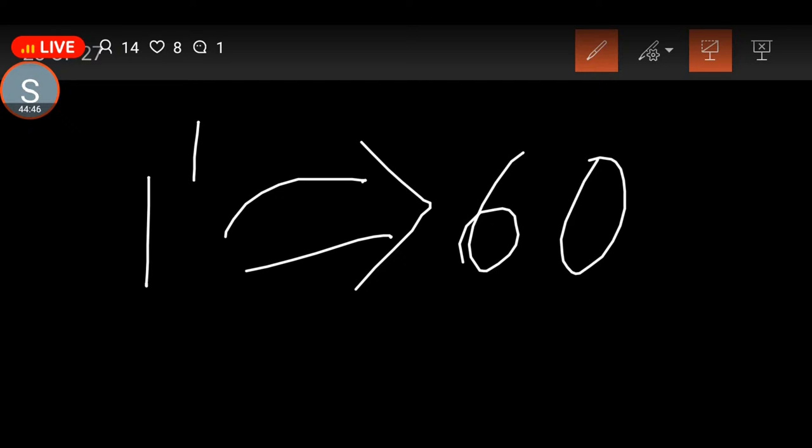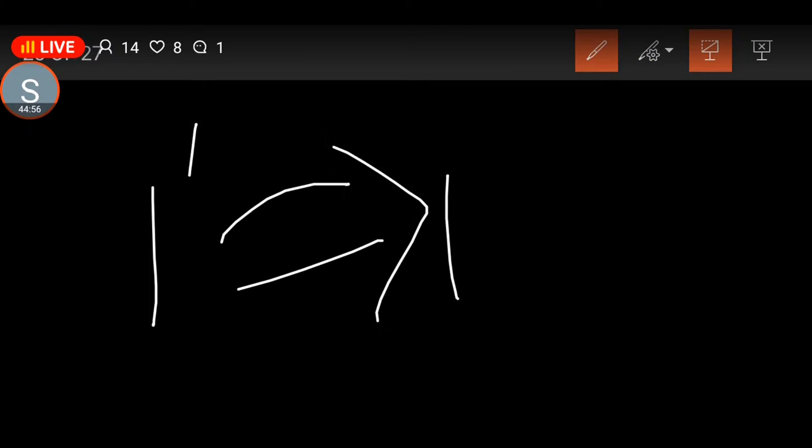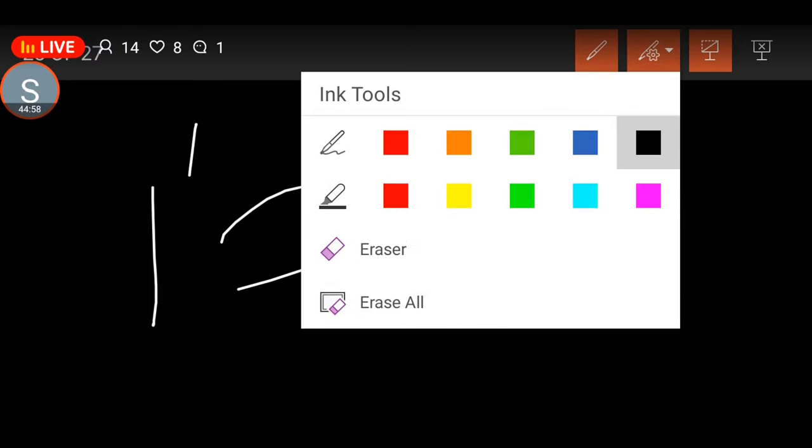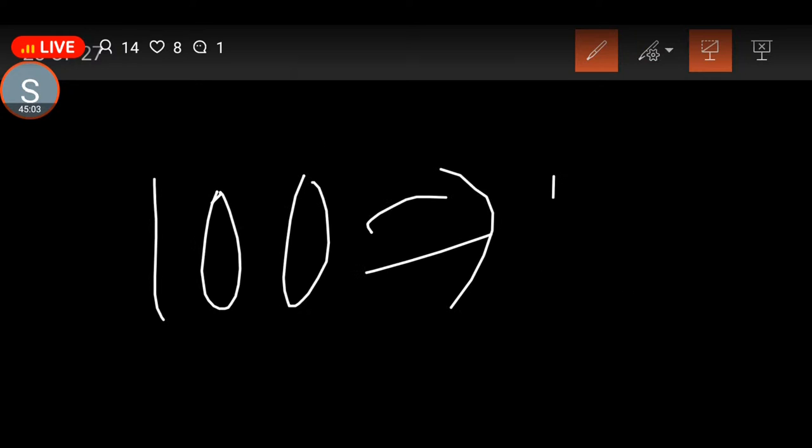Sorry, it's not 60 here: we divide 1 minute into 100 equal parts, and each part is called 1 second, represented the same as in the sexagesimal system. Here we divide into 100 parts; in the sexagesimal system we divide into 60 parts. That's all.